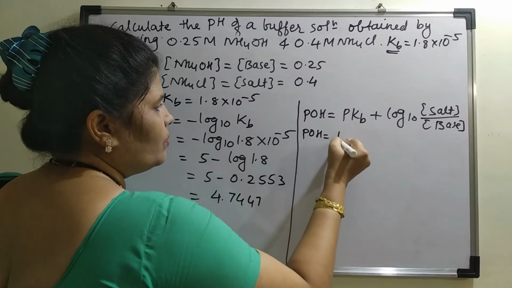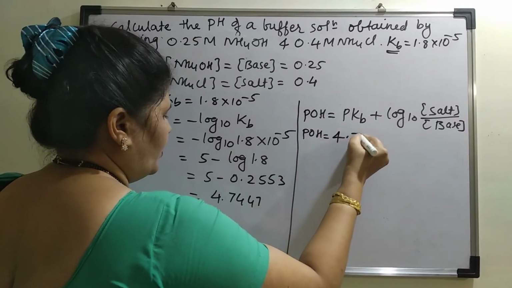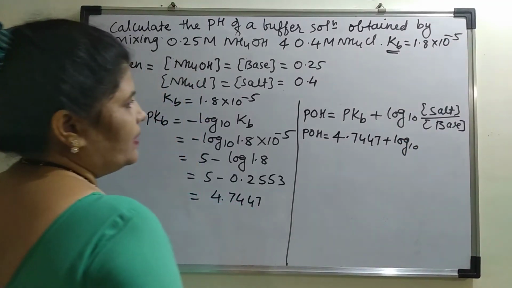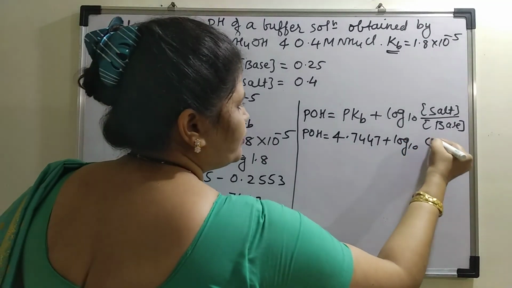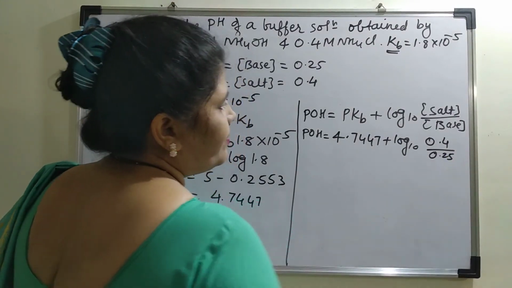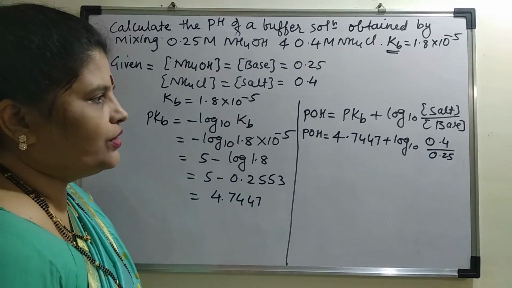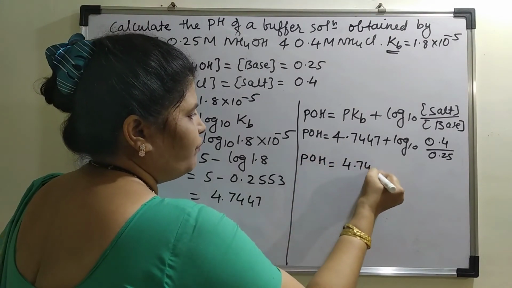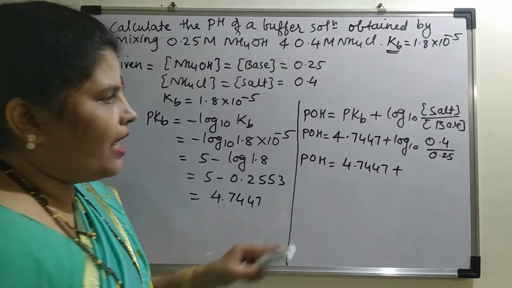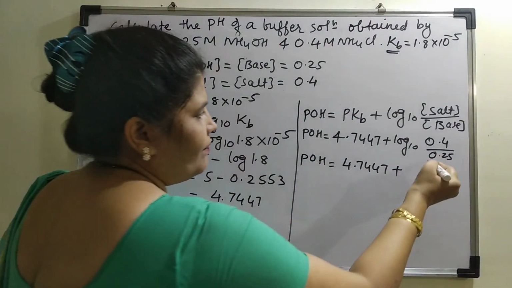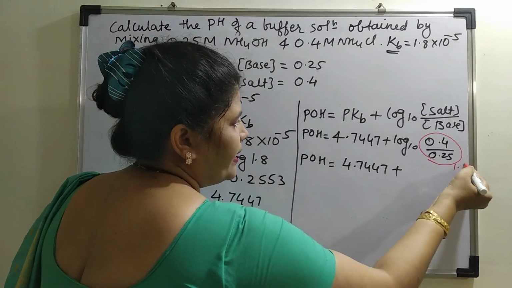pOH is equal to pKb, which is how much? 4.7447 plus log to the base 10 of, substitute the salt concentration 0.4 and substitute this concentration. Remove the decimals if you want. You can shift the decimals. So pOH is equal to 4.7447 plus, now let us see how much you get the value there. After solving this, you will get 1.6.